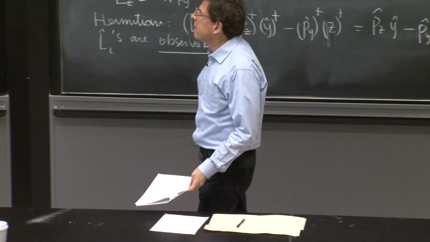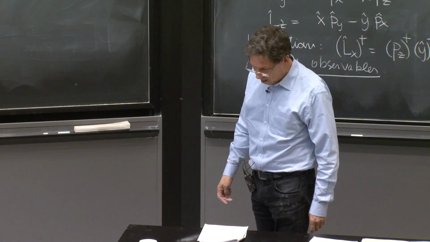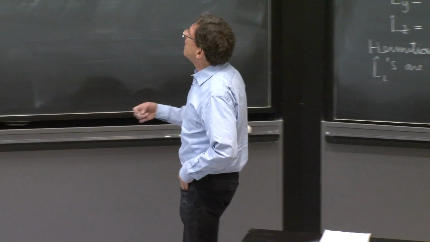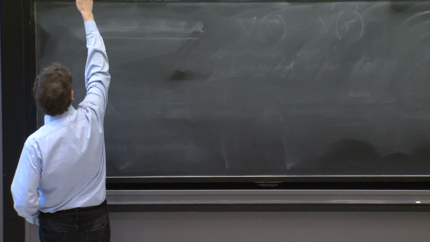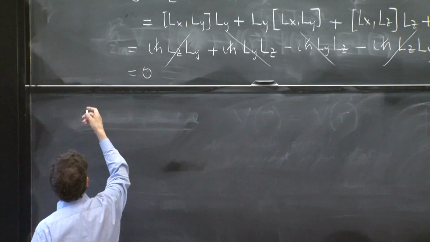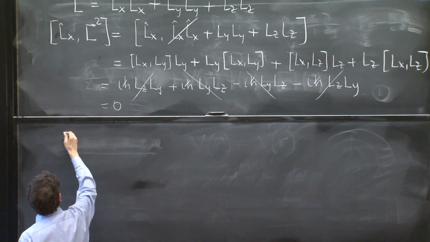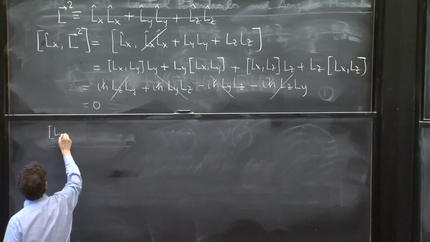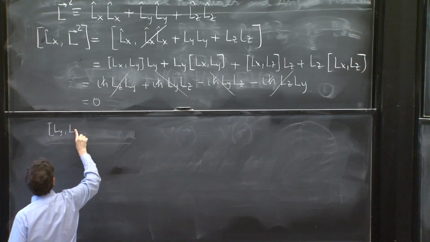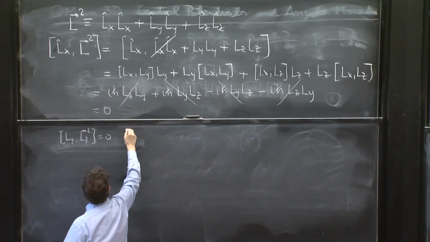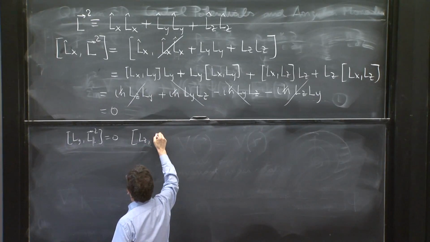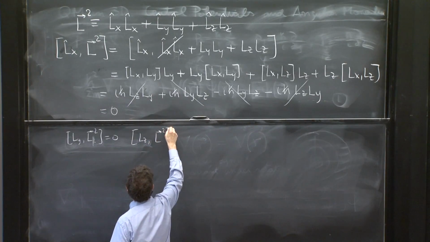Simultaneous eigenstates are possible. So we can find simultaneous eigenstates of these operators, and in fact, you could find simultaneous eigenstates of Lx and L squared, but given the cyclicity of all this, it also means that Ly commutes with L squared, and that Lz also commutes with L squared.